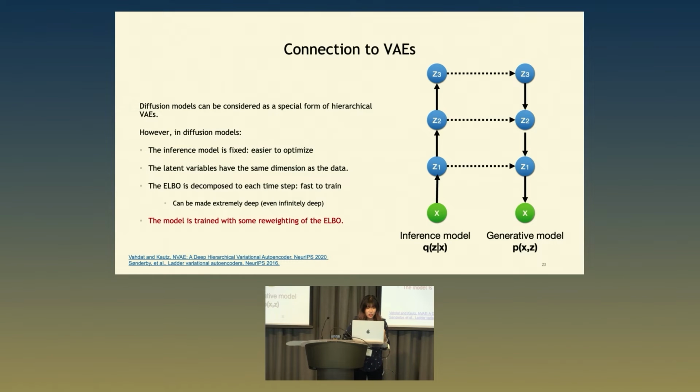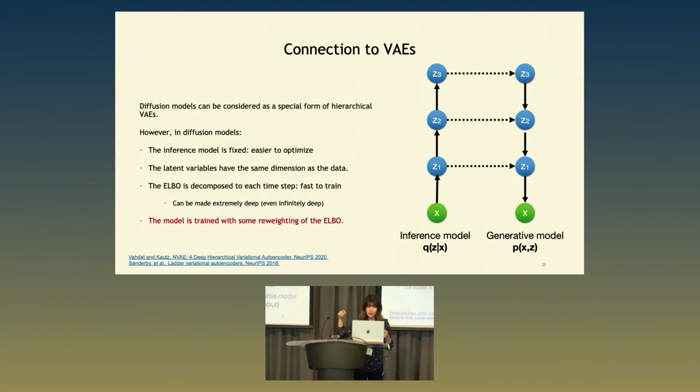A little bit more connection to VAE. A diffusion model can actually be considered a special form of hierarchical VAE, with the difference that the inference model is fixed, and the latent variables have to be the same dimension as our data input. The ELBO is decomposed into the loss term of each time step, so when we compute the ELBO, we don't need to go through the whole denoising and reverse process.